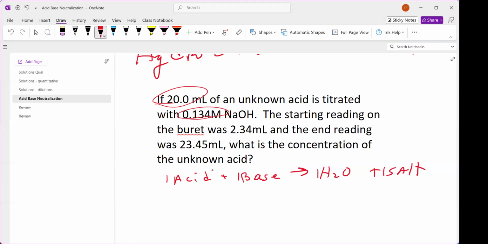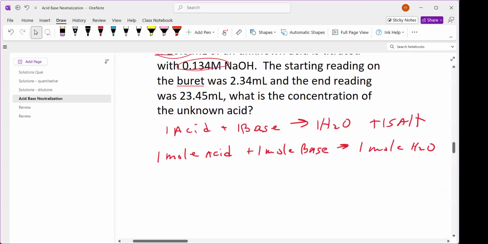So that means 1 mole of acid plus 1 mole of base gives us 1 mole of water. Okay. Balanced equation. Unit 4 stuff.